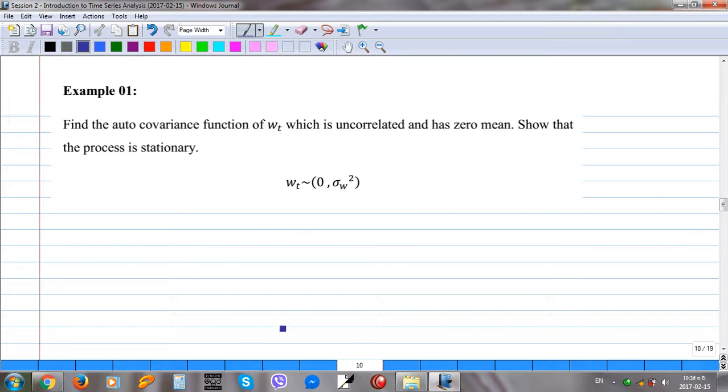Find the autocovariance and covariance function of w t, which is uncorrelated and has zero mean. Show that the process is stationary. Here mean is 0 and variance is sigma w squared, right? So you have to identify these things first.